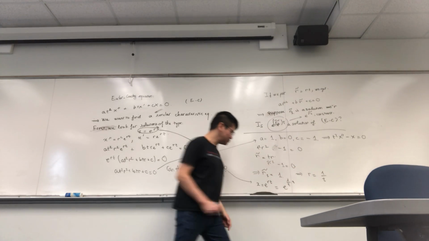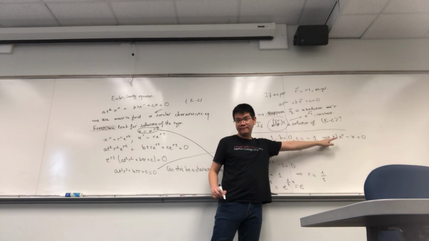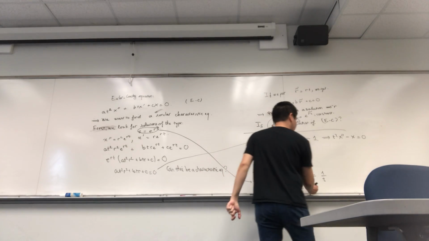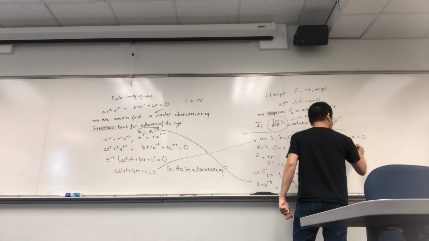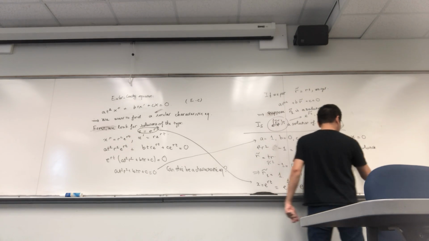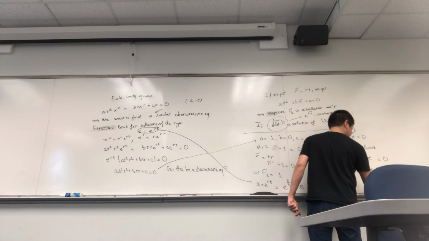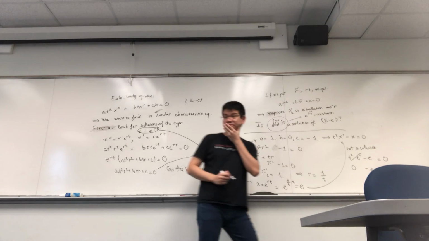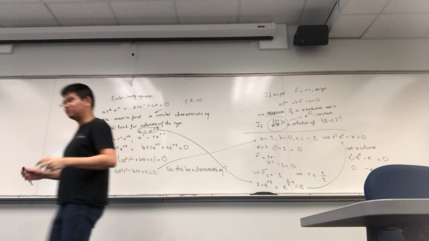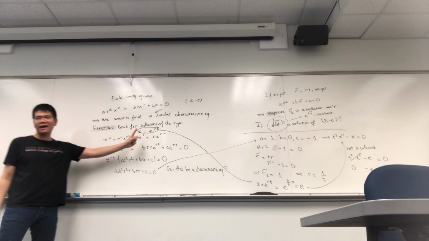When you multiply, the solution is e, and e is not a solution of this equation. Because when you plug it back, you have t squared x second, which is 0, minus e, which is not 0. So this is not a good way to find a characteristic equation, which means this type of solution is not good.